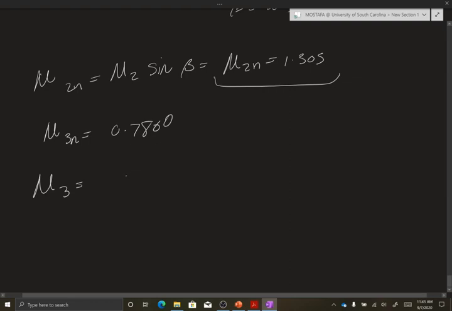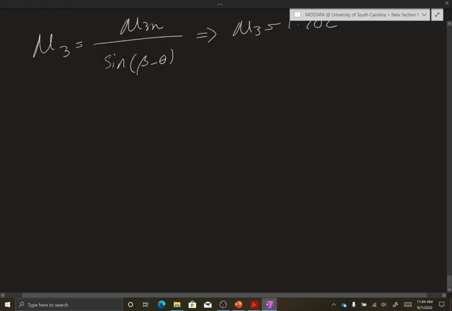To find M3, you're going to use this equation, M3n over sine of beta minus theta. That's 36.5 minus 9. Therefore, M3 is going to be 1.72. So we have all of the things that we needed to find.